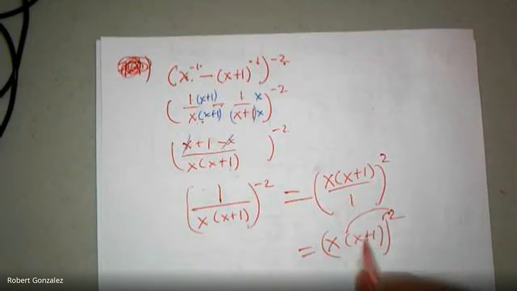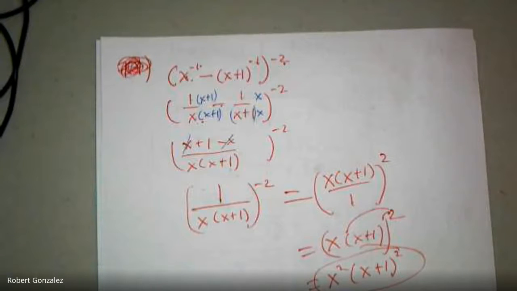I have a parentheses and an x. Final answer, x squared, x plus 1 squared. Okay, that's kind of an advanced problem, just to see rational expressions in action in an even deeper sense than we had earlier.